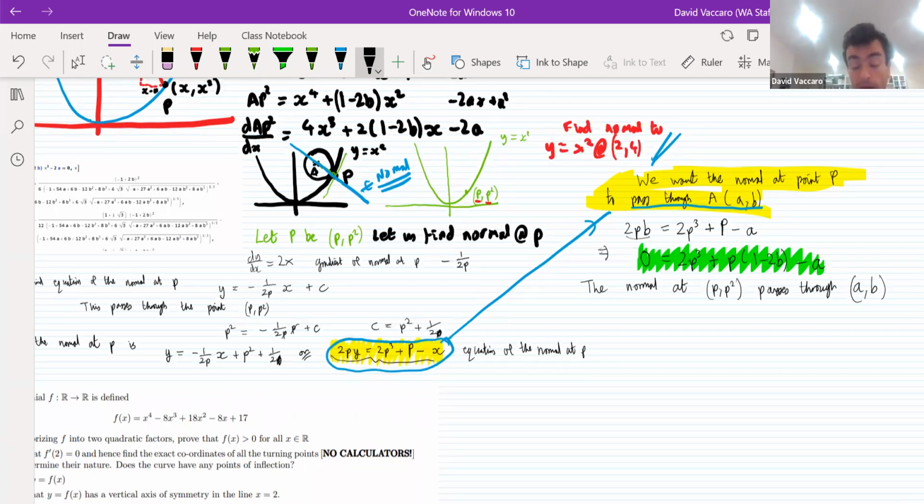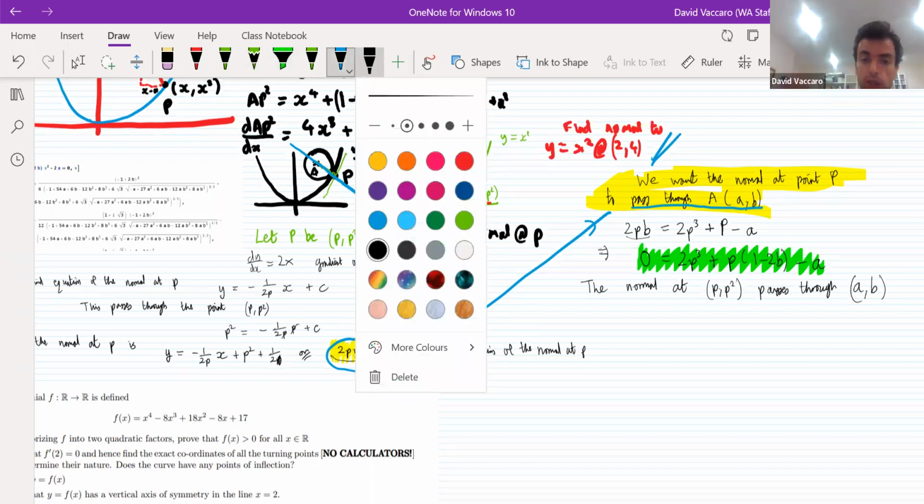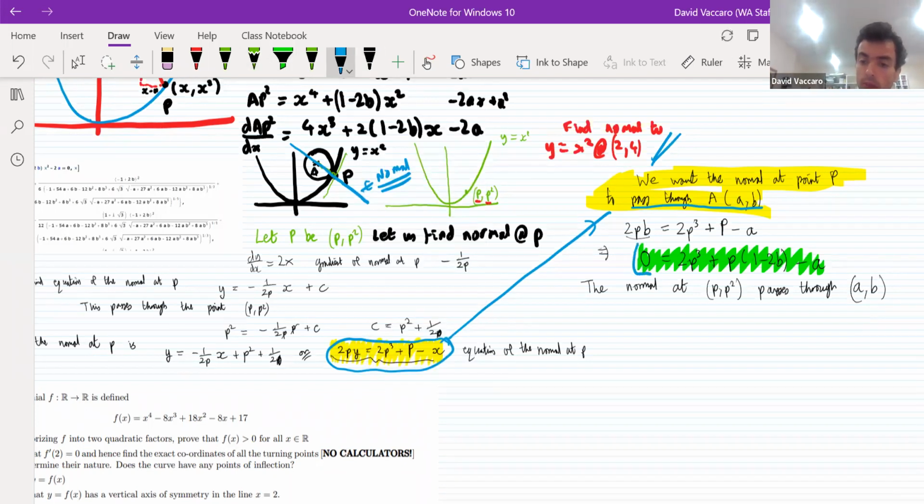Okay, if you're still following, very well done. Where have we seen this condition before? Where is this familiar? This equation 0 equals 2p cubed plus p times 1 minus 2b minus a.